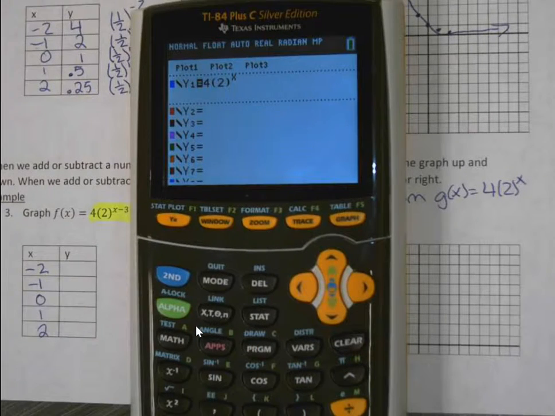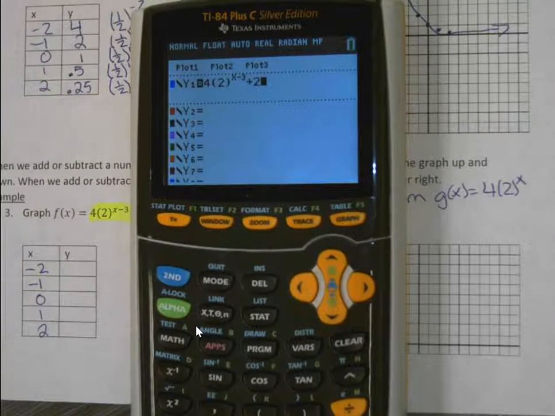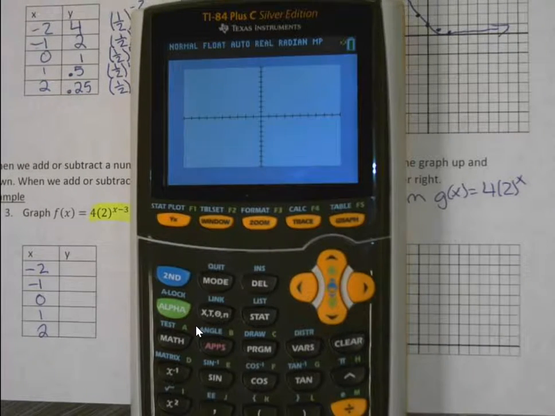Then I do -3, and then I arrow to the right, and +2. Okay. This time I'm going to go to graph. You press the button to graph. Graph is the far right.